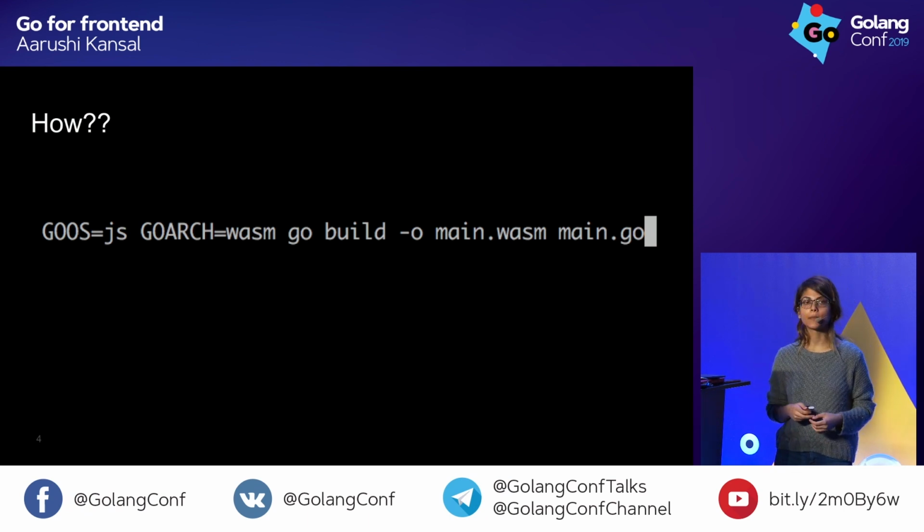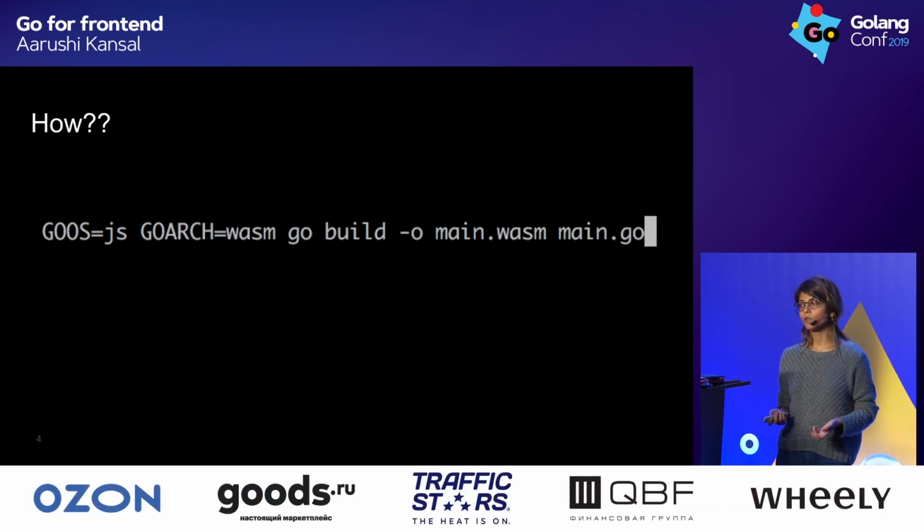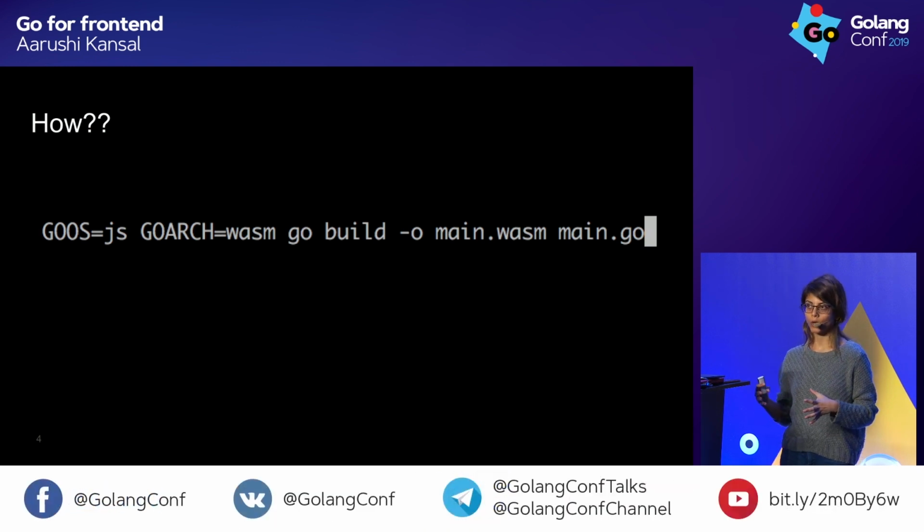So what happens with this command is your main.go gets compiled down to your main.wasm, which is just a binary, which is then fetched and then run in your browser alongside other WebAssembly aspects as well, such as import objects and memory objects, which we'll get into in a little bit.